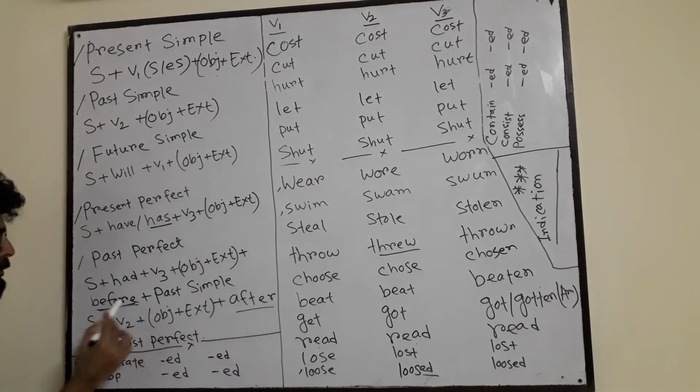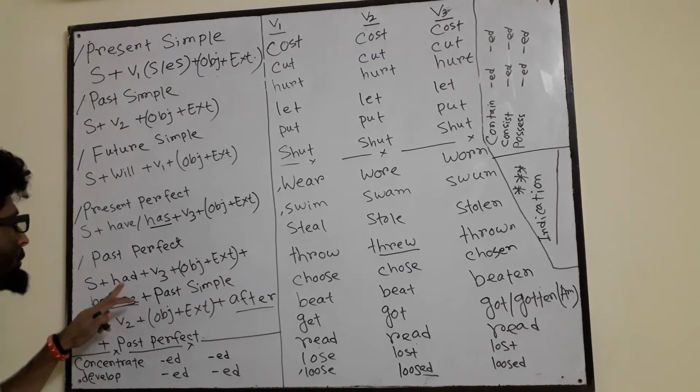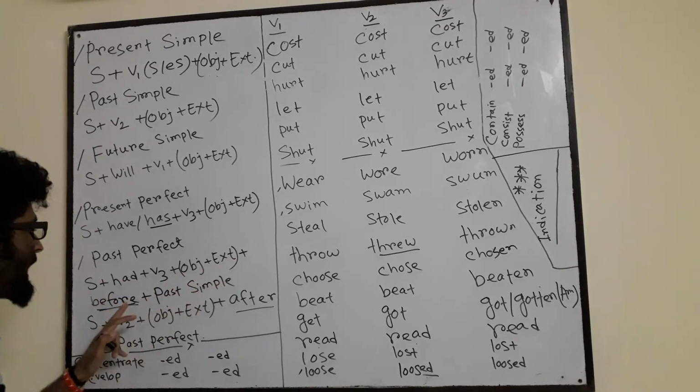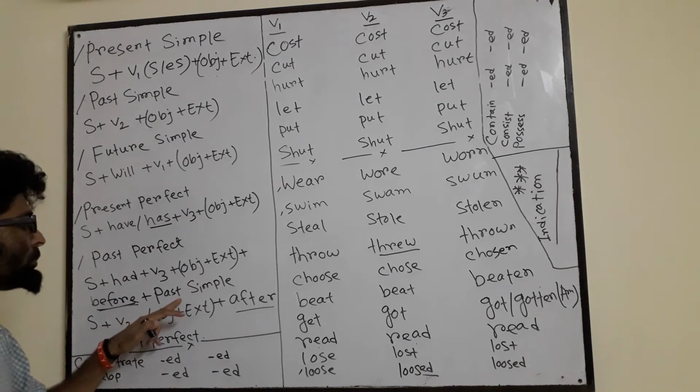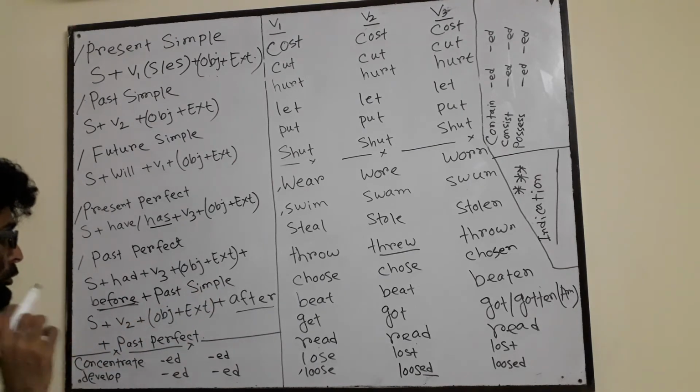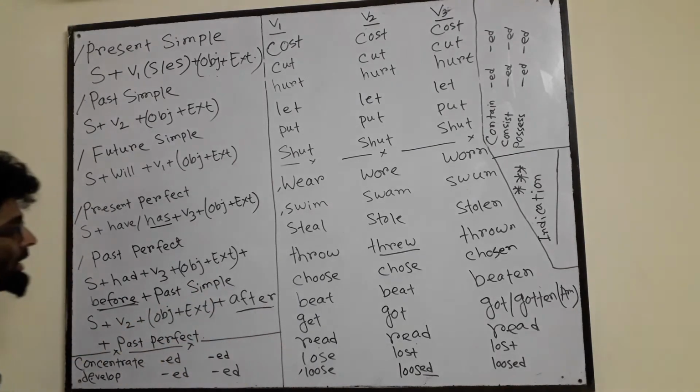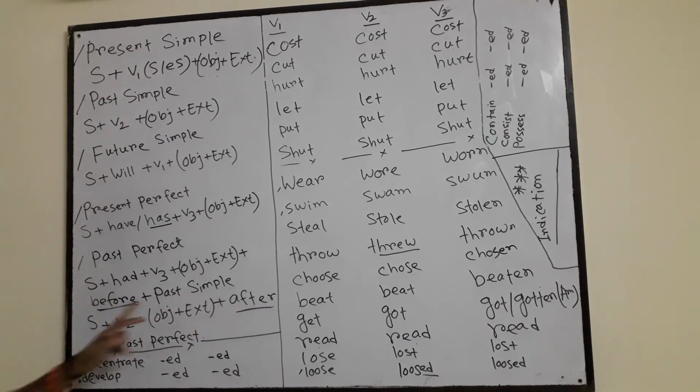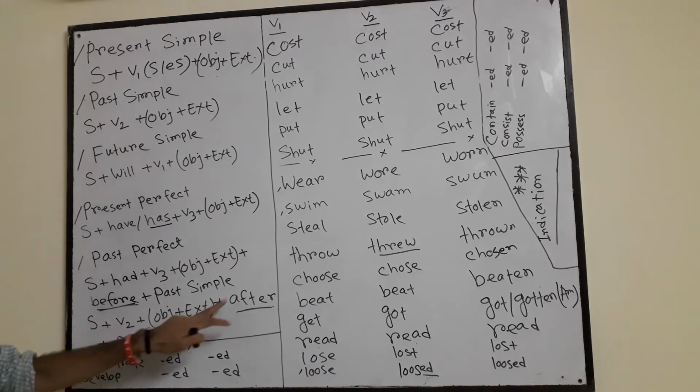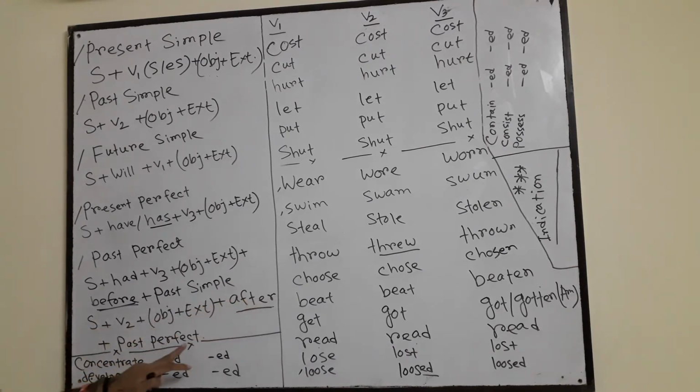When we use before, the first part should be past perfect tense, and after the before it would be past simple. But when we use after, before the after it would be past simple, and after the after it will be past perfect.